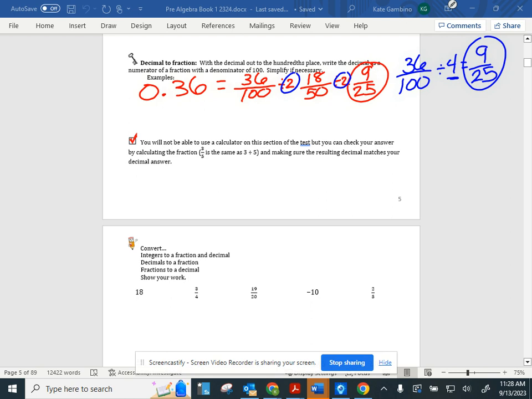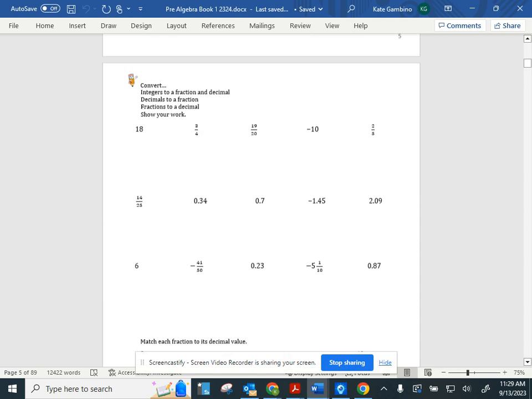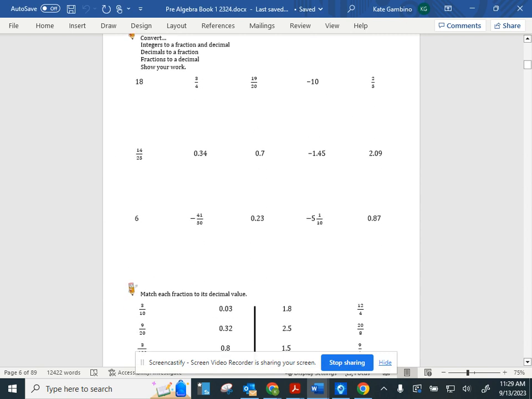So let's see how we do our work for today. Convert integers to a fraction and decimal. If it is a decimal, you're going to convert it to a fraction. If it's a fraction, you're going to show a decimal. Show your work. So, if it's an integer, 18 is an integer, right?